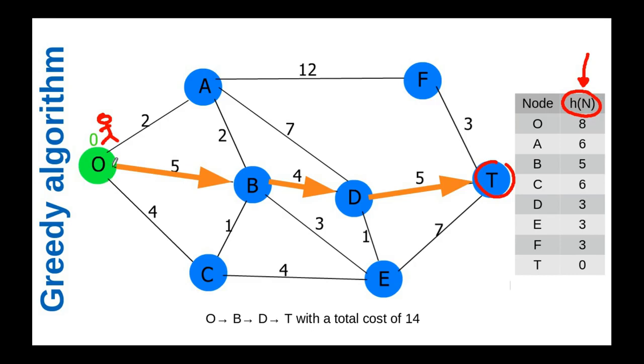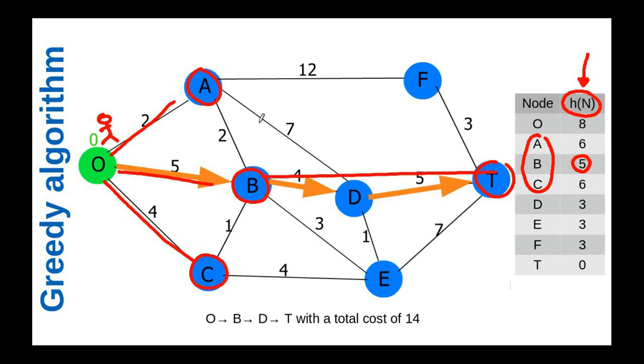So first of all, we are in O, as you can see. So our neighbors, our candidates are A, B, C, because we can move this way, or this way, because we have edges that connect the O with A, B, and C. As you can see, these are the candidates, and the minimum value of heuristics is 5, because B is closest to the target than A or C. So the next node to be visited is B. So now we disappear from here, we are here.